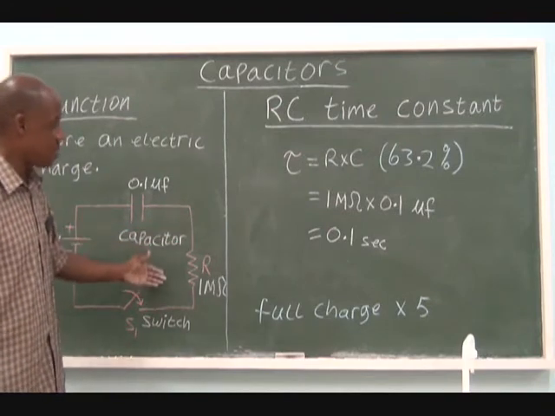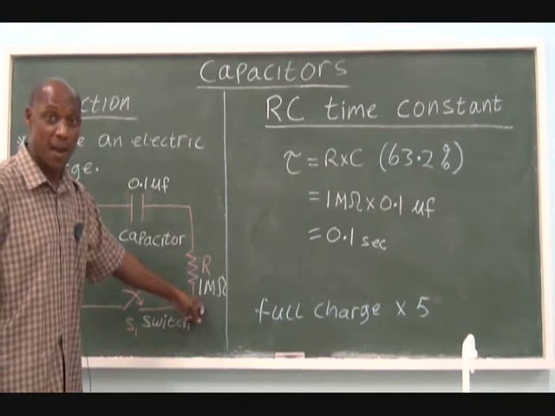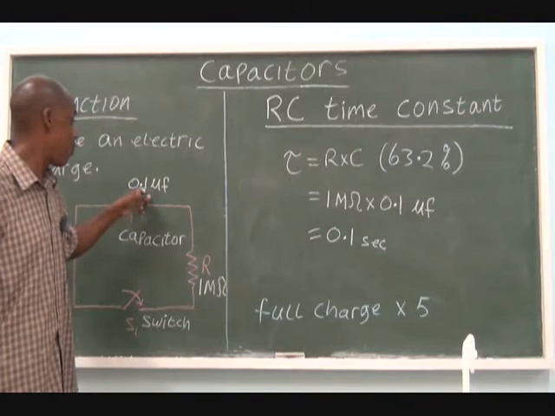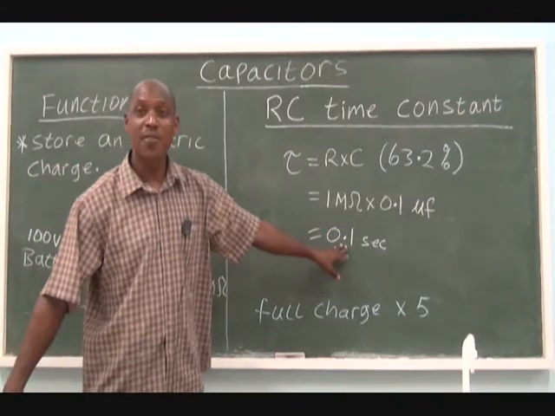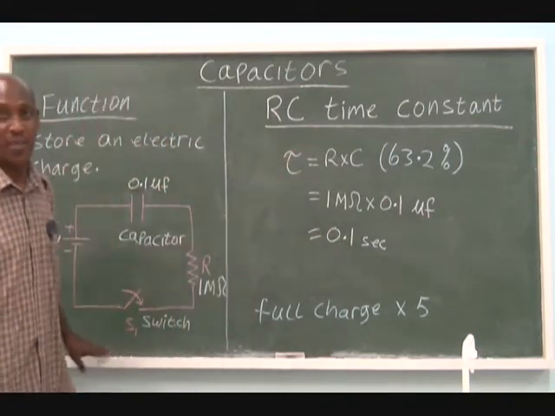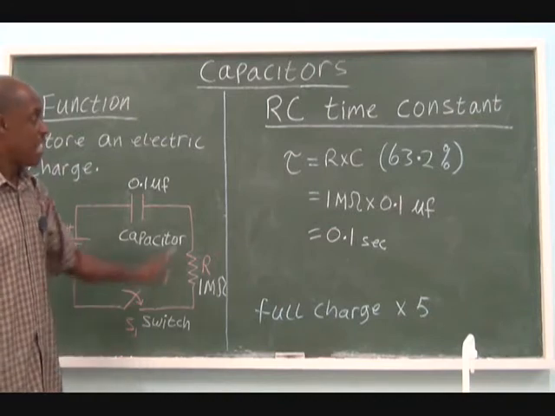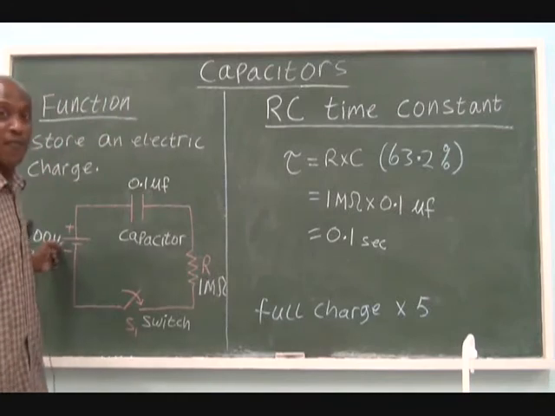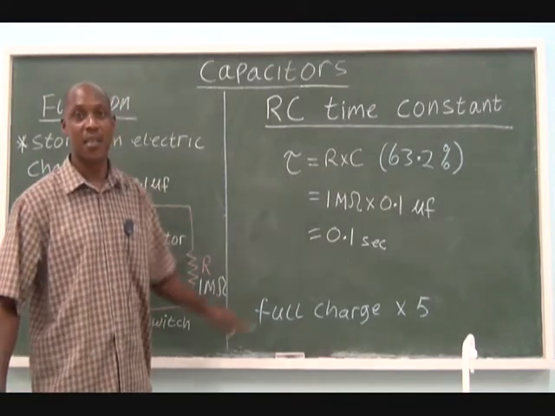So for our case here, if our resistor has a value of 1 megaohm and our capacitor has a value of 0.1 µF, it's going to take 0.1 seconds to charge to 63.2% of the source voltage. If it has to charge fully, the full 100 volts, it's going to do it in 5 time constants.